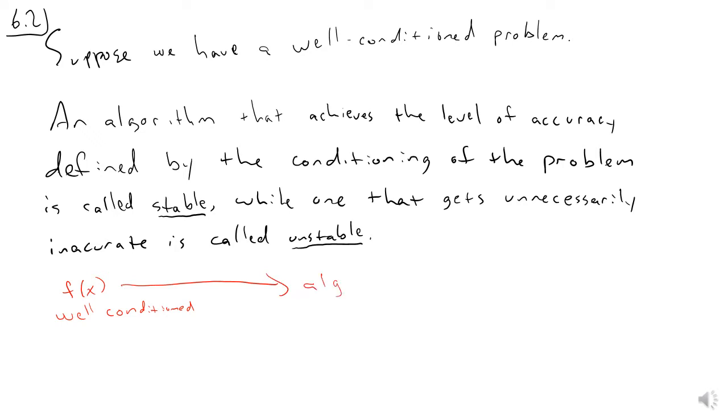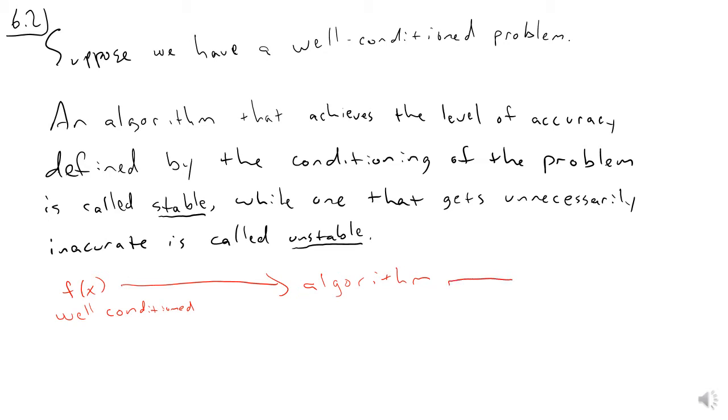Like maybe it uses the Taylor series, or maybe if we're trying to do the derivative of a function, it uses the difference quotient to give us an approximation to the function. Whatever that algorithm may be, the computer runs that algorithm and gives you a decimal answer for your result.